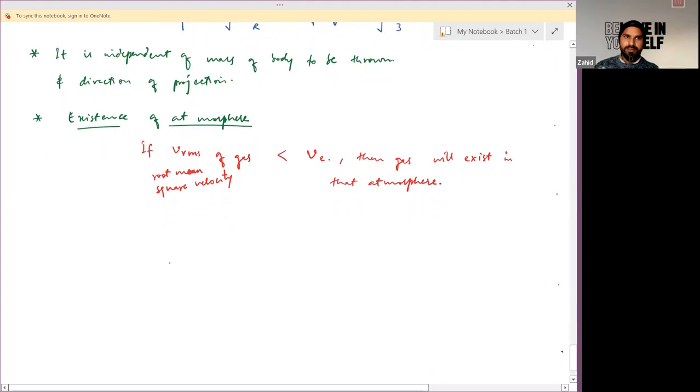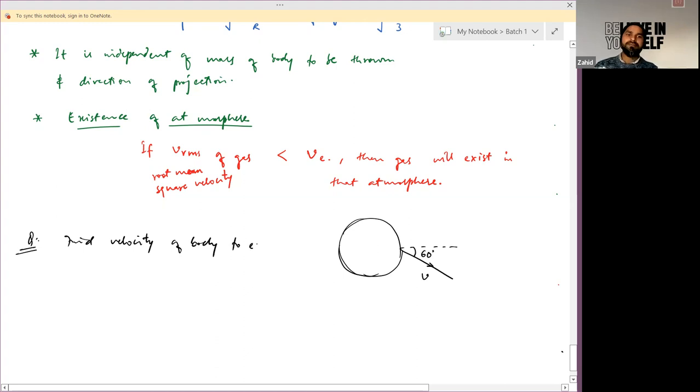Now let me ask you a related question to this part. Suppose from the surface of Earth, a body is projected along this direction at some angle, 60 degrees. Find the velocity of the body to escape.